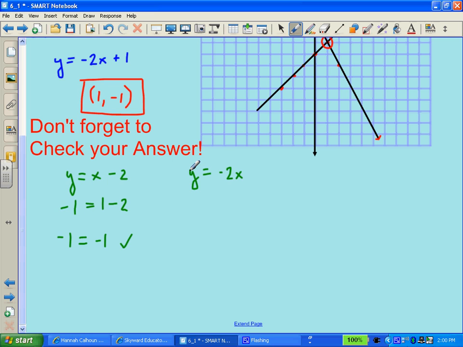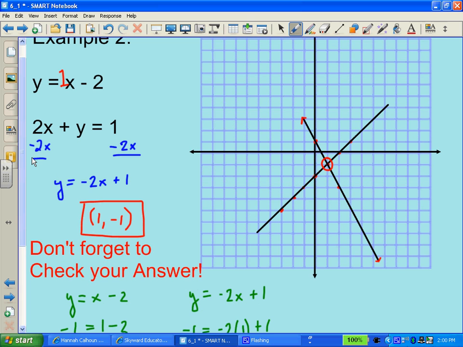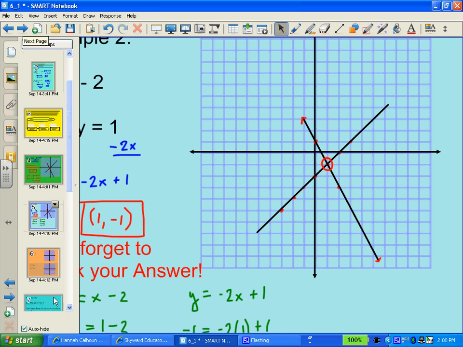So that works. And then I have y equals -2x plus 1. So I'd have -1 equals -2 times 1 plus 1, which would be -2 plus 1, and that is -1, so that also works. So once again, I know right away that I have the right answer.